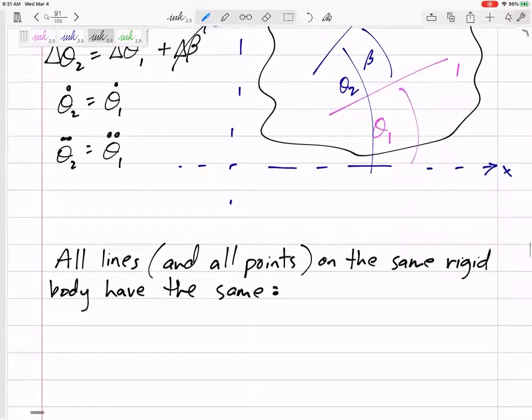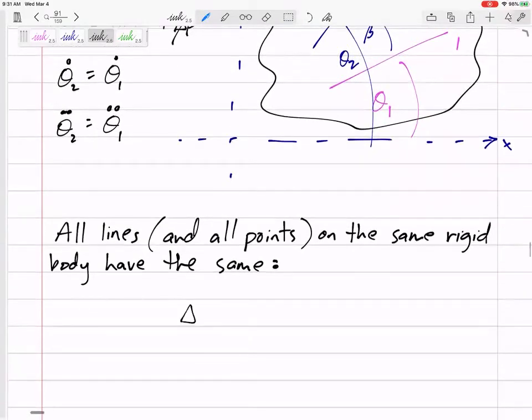All right, so all lines on the same rigid body will have the same change in theta, and we're going to call that angular displacement. They have the same angular displacement. It's not like one side has different from the other side. If you calculate it once, you've calculated it for that whole rigid body.